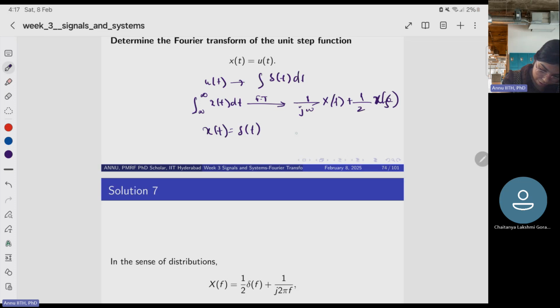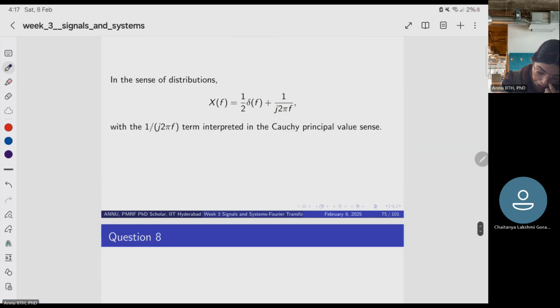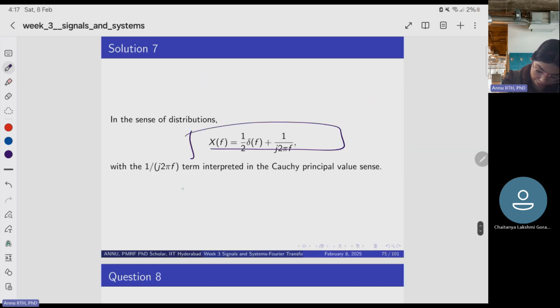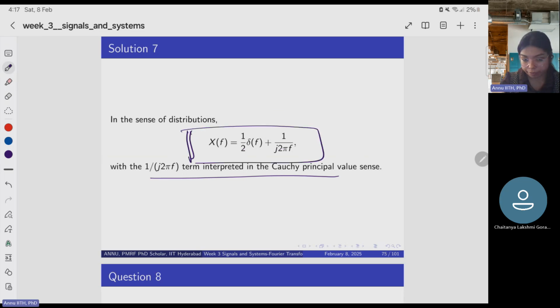So X(f), here it is 1 by j omega delta f plus 1 by 2 X(f). Okay, so it is 1 by j omega plus delta f by 2. You remember this in the sense of distribution, where it is interpreted in terms of the Cauchy principal value. So u(t) has this particular form, and in fact it was solved in class also. So 1 by 2 delta f plus 1 by j omega.